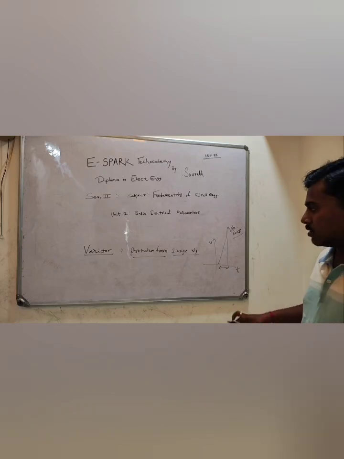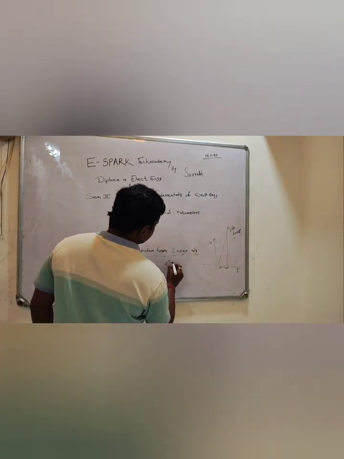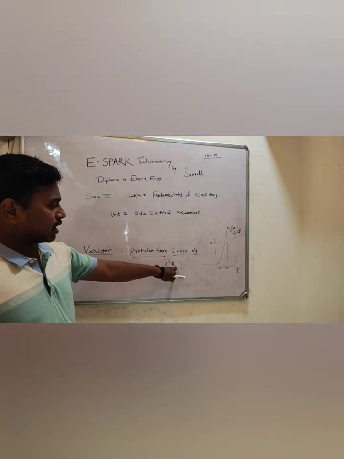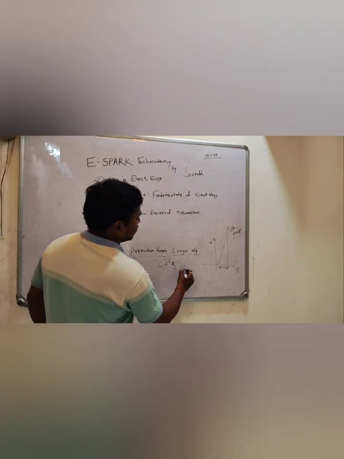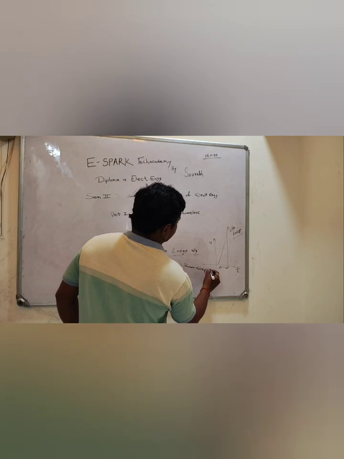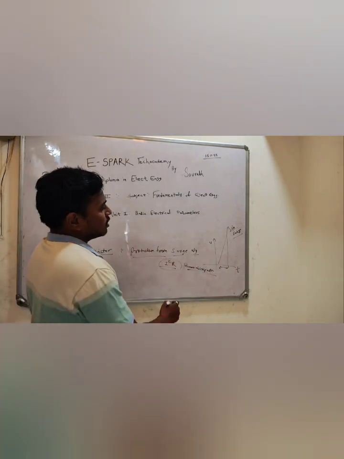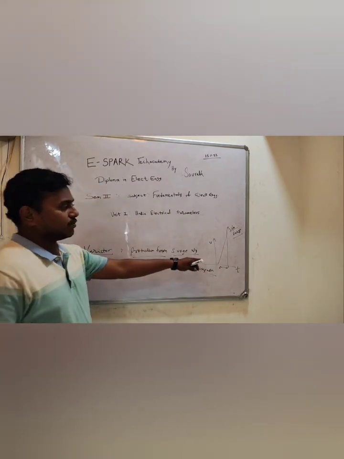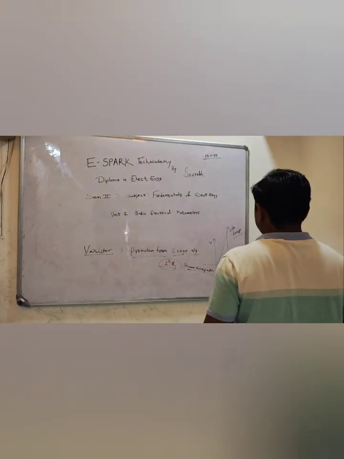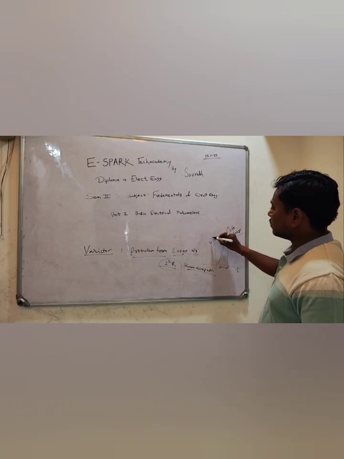What does the resistor do? The resistor will be connected to reduce the spike through I square R loss, the power dissipation. This spike is very harmful to our system because our insulation level is designed for a particular voltage level.